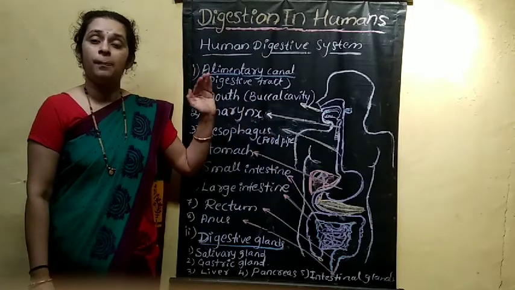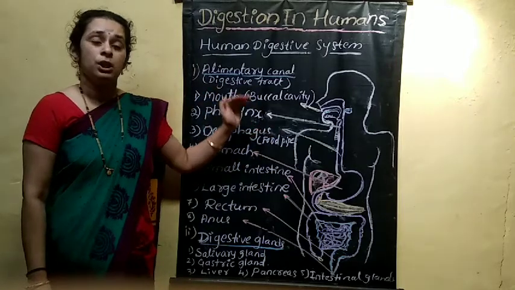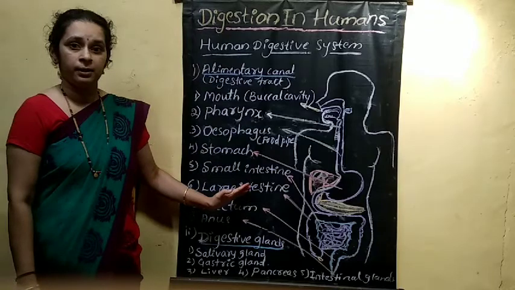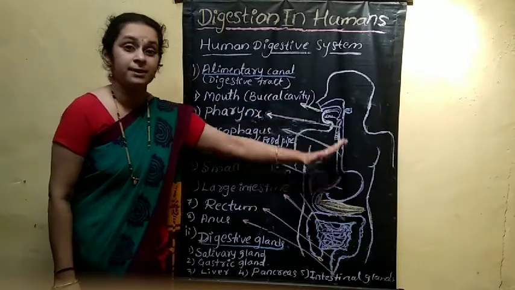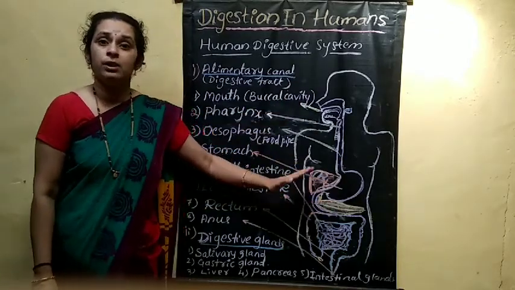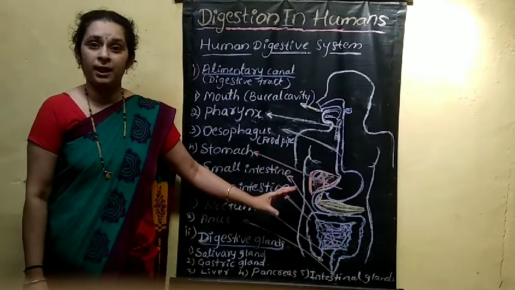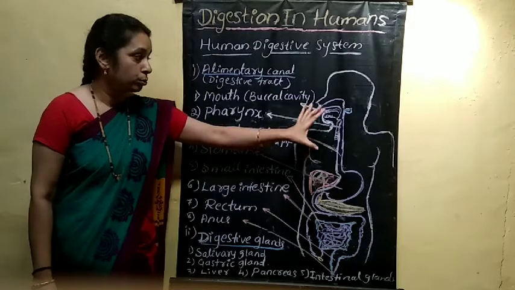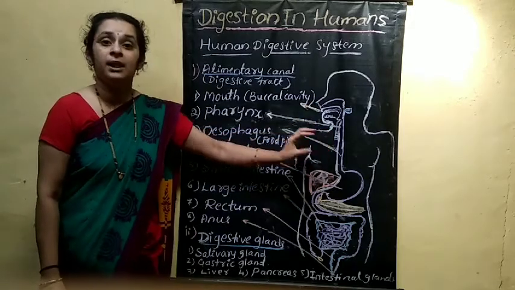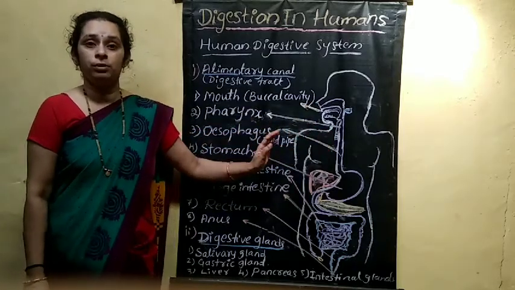While writing the parts of the human digestive system, you should write properly. Practice the human digestive system diagram in a rough book 2 or 3 times, and then draw this diagram neatly in a practical book.